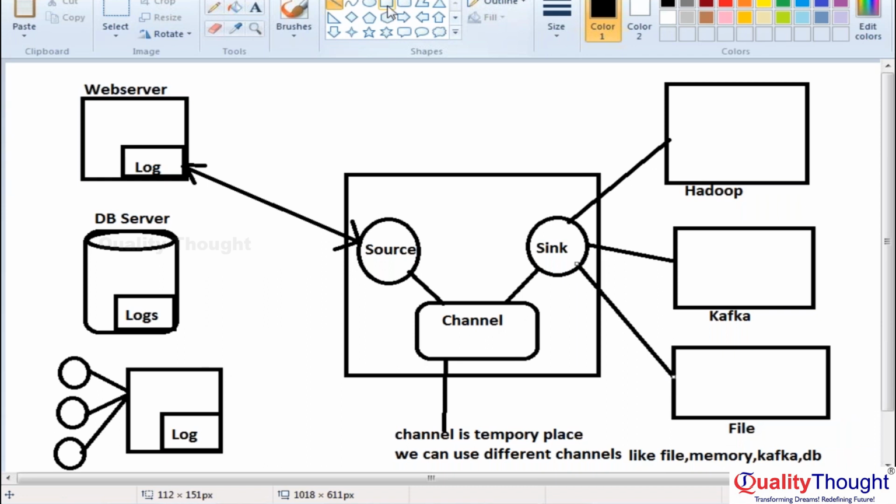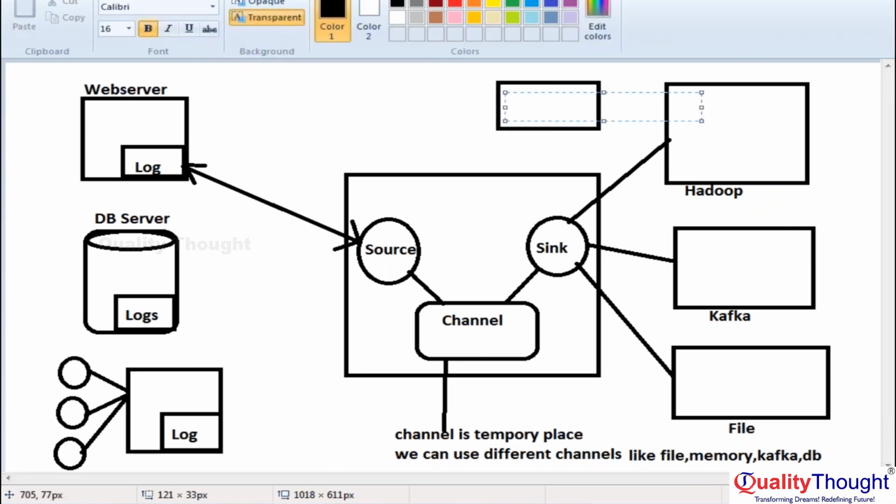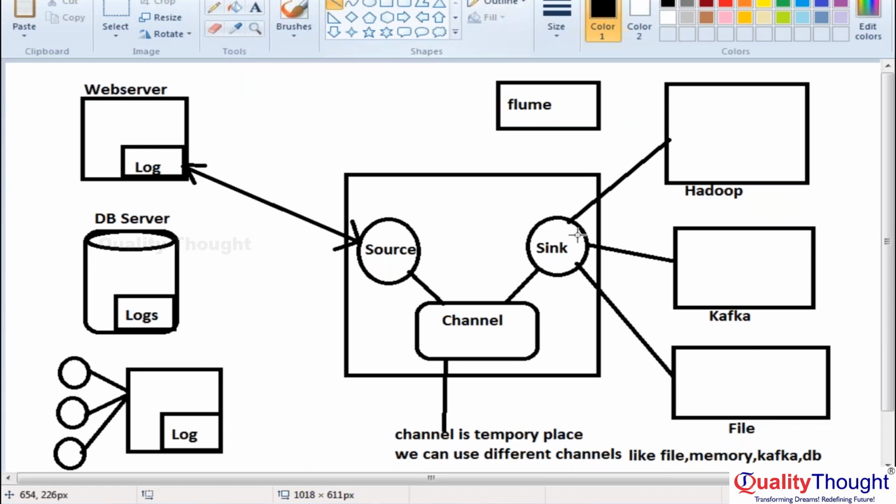Or you can also use another Flume which may have the same flow. Then you can configure the sink with another Flume system, and it will write into Flume. So you can configure Flume, Hadoop, Kafka, a file system, or multiple sinks. Most of the time we use Hadoop.